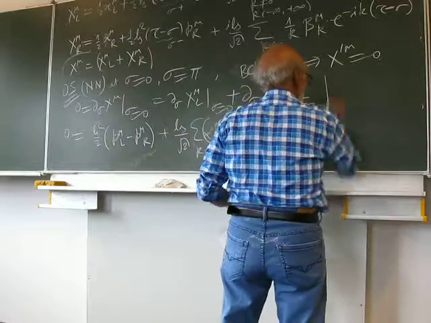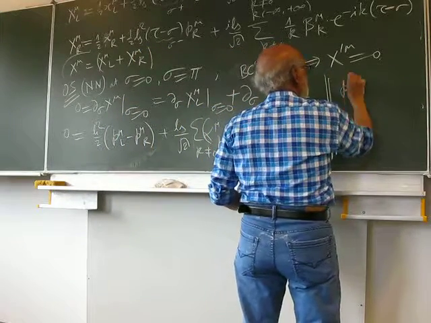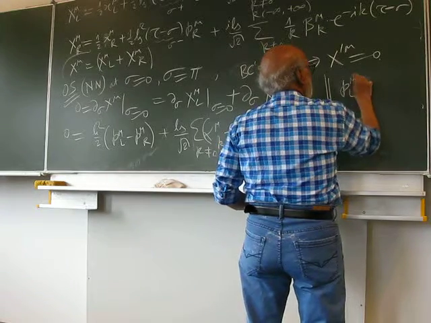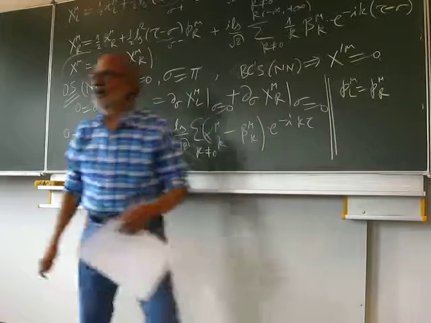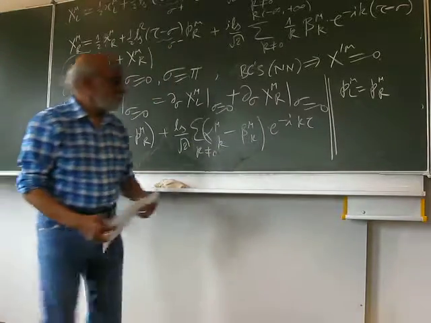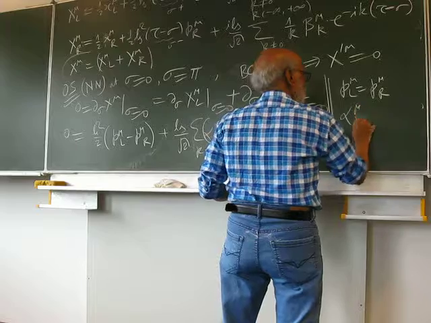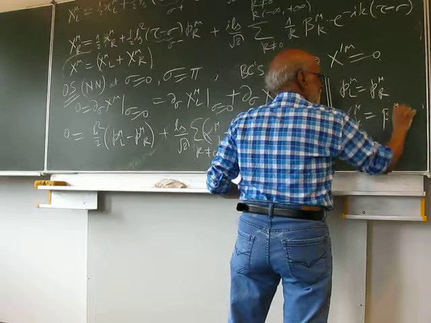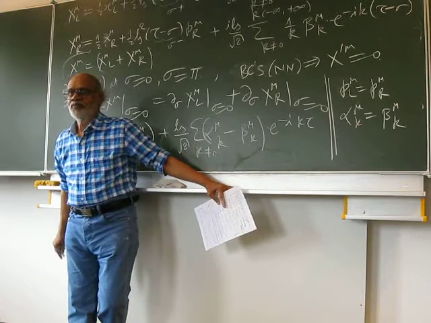So the outcome is PL mu equal to PR mu. And the other outcome is alpha mu K is beta mu. This is the outcome.